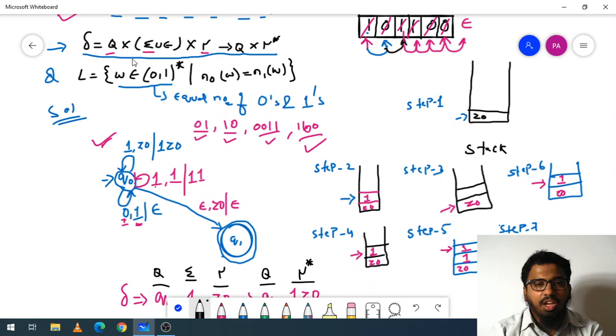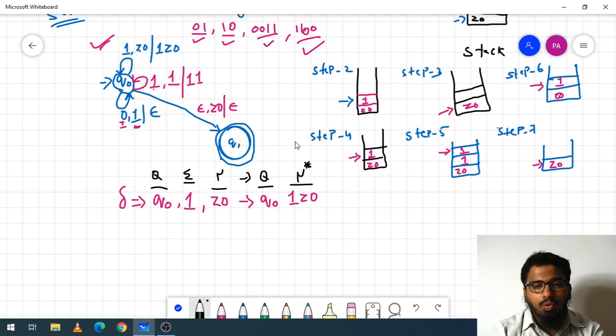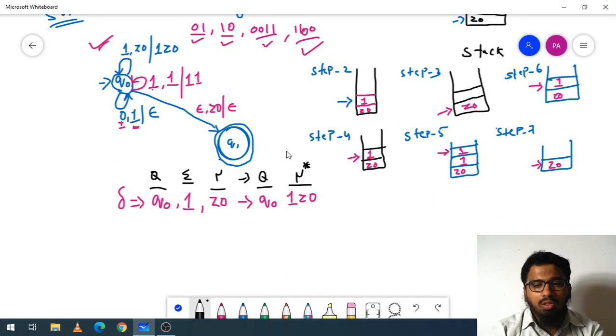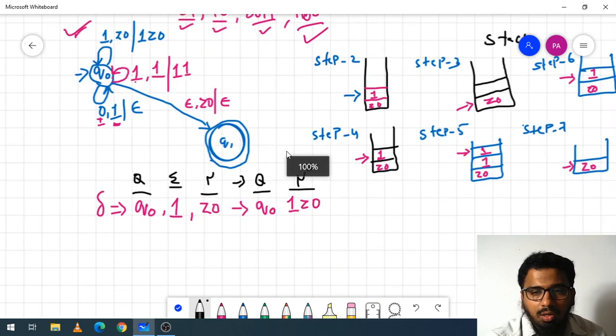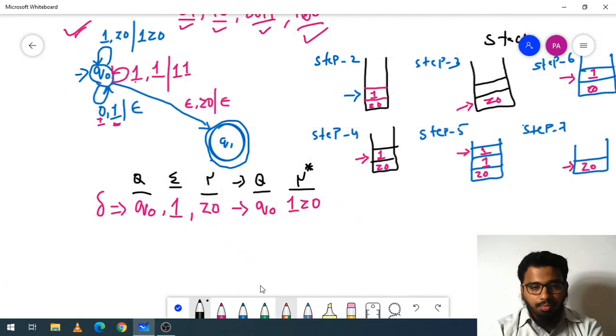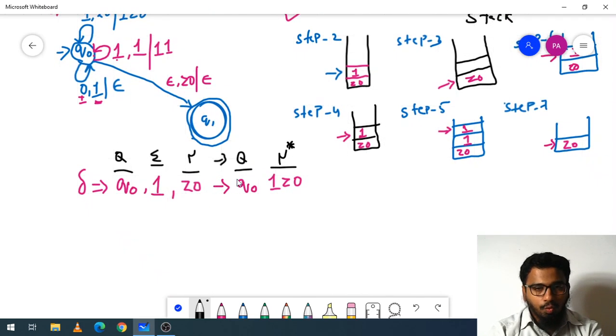Here you can see Q cross sigma and tau, and the answer is Q cross tau star. Okay, so we have written the first function.